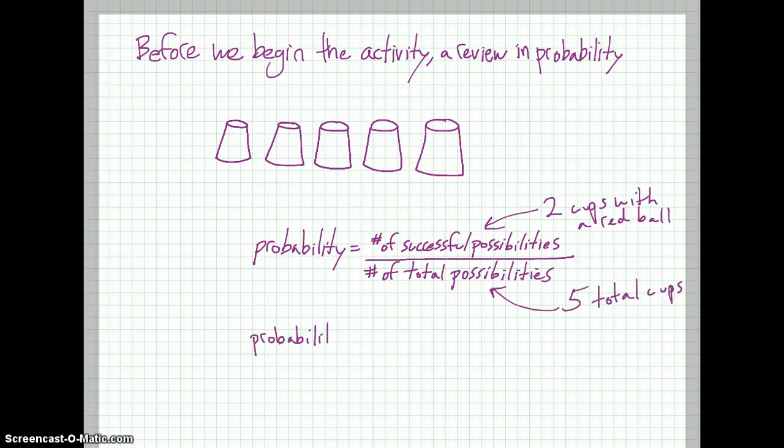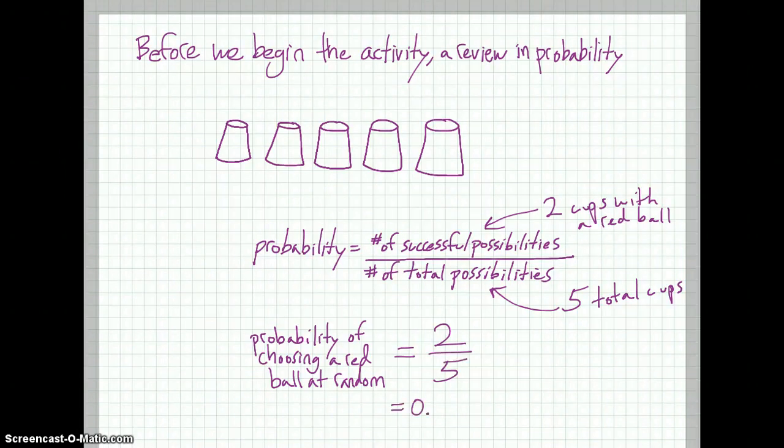So the probability of choosing a red ball at random is going to be 2 divided by 5. As a decimal, that would be 4/10, and as a percent, that would be 40%. We'll see some probability at the end of this activity, so again, just remember that formula.